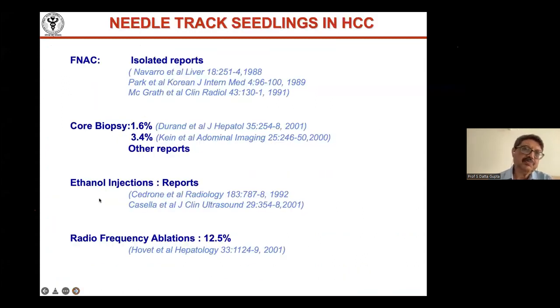The other problem with liver biopsies is needle track seedlings, especially when there is hepatocellular carcinoma. Therefore, hepatocellular carcinoma diagnosis has actually now been refined so much that in a cirrhotic with raised AFP and dual or triple phase CT, you can make a diagnosis.